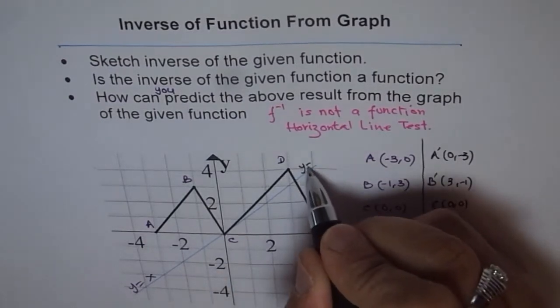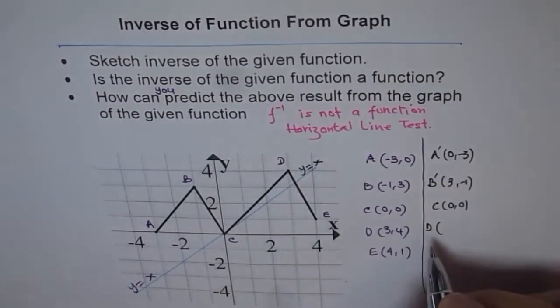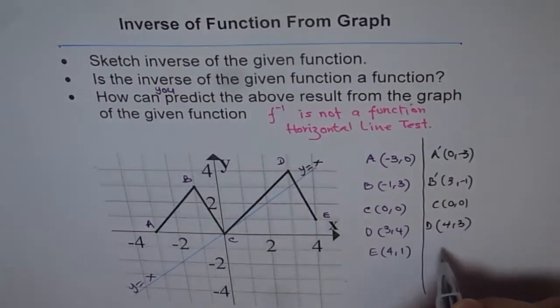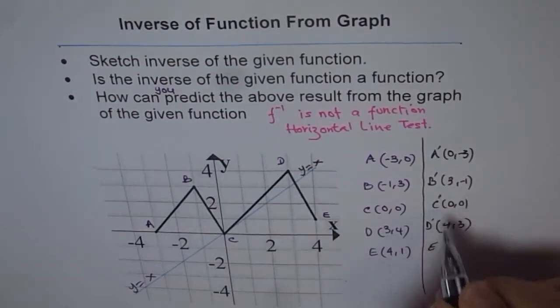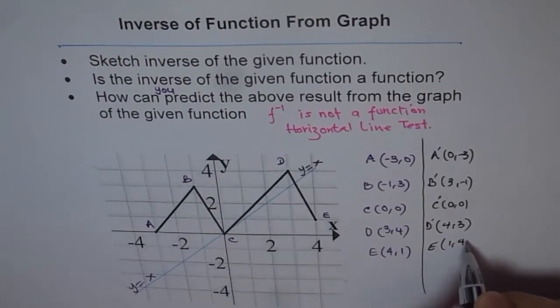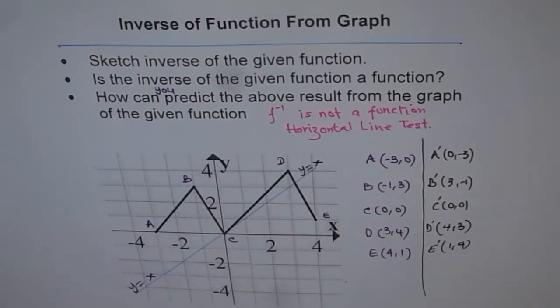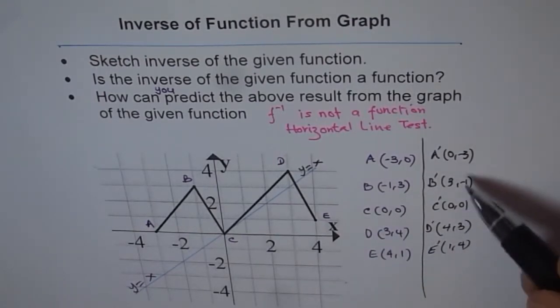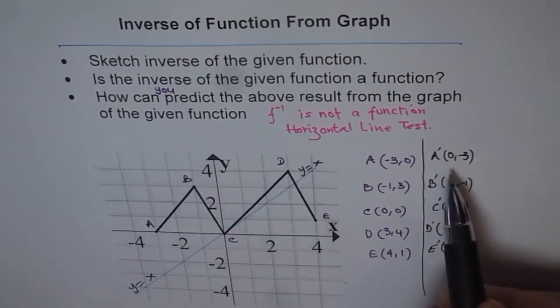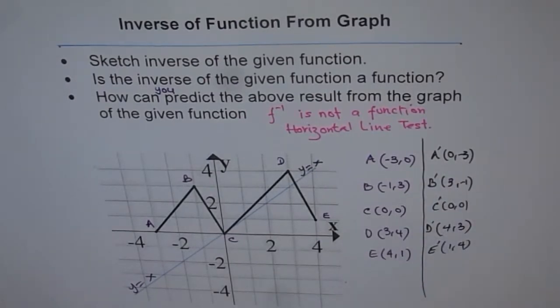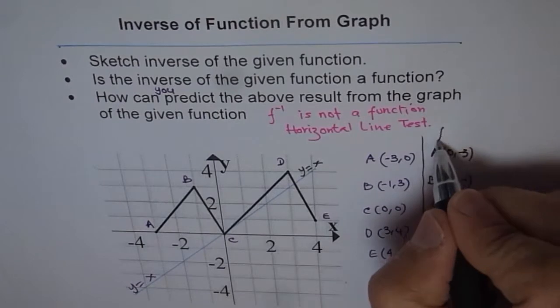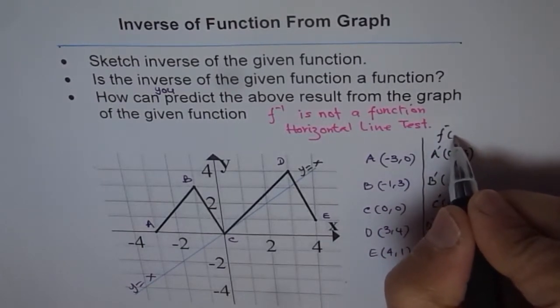This is the line y equals x for us. D dash will be 4, 3 and E dash will be 1, 4. So these are the images which you will get once you swap the x and y coordinates, right? And these will result in the inverse of your function.